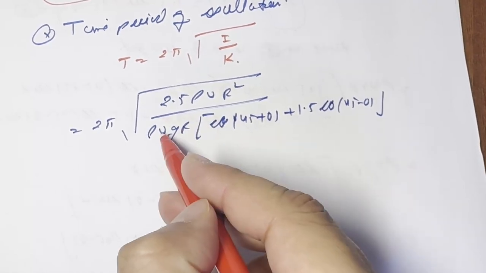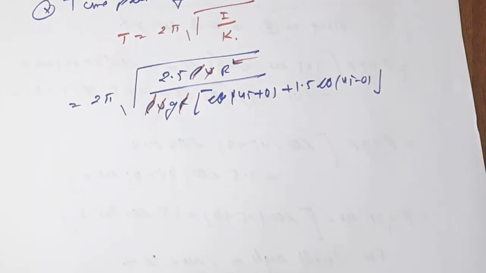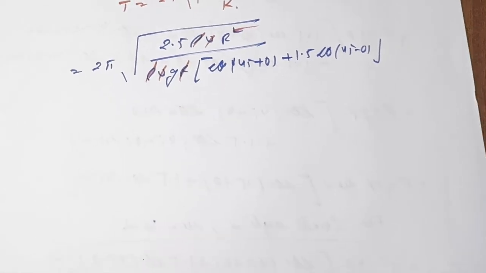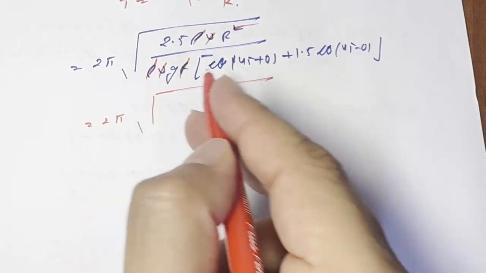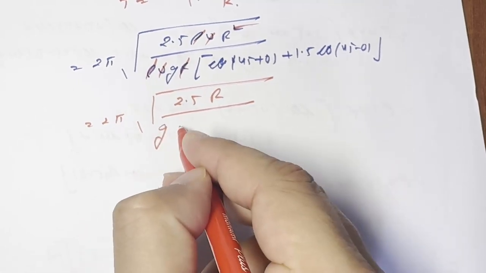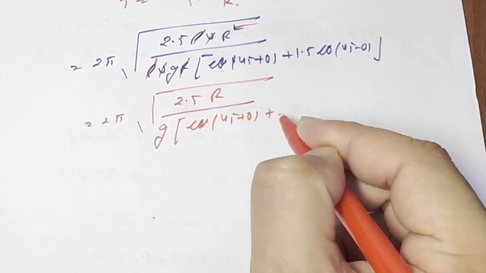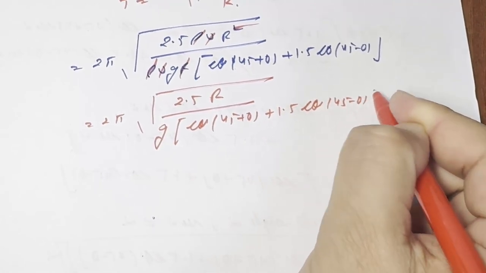This rho v and r square cancel with this r, so we are left with only 2 pi square root of 2.5 r divided by g, times cos of 45 plus theta plus 1.5 cos of 45 minus theta.